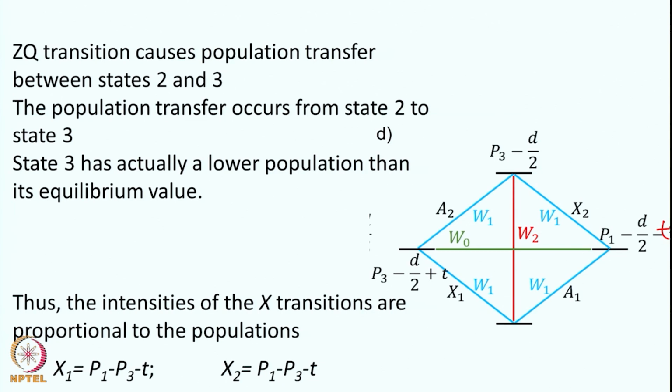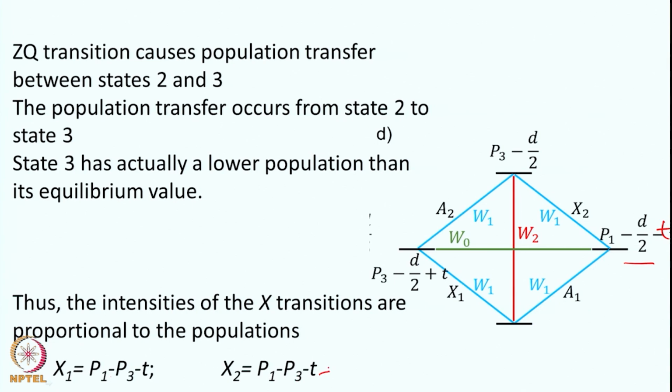State 3 has lower population than the equilibrium value, and state 2 will have higher population. The intensity of the X transition is proportional to the population difference, as we know. So X1 will be P1 minus P3 minus T, and X2 will be P1 minus P3 minus T.